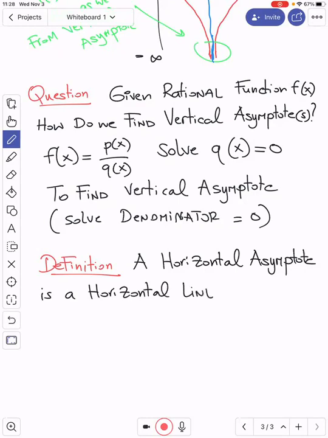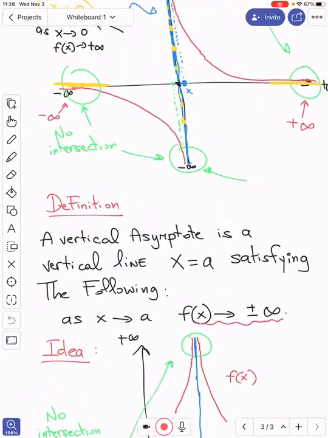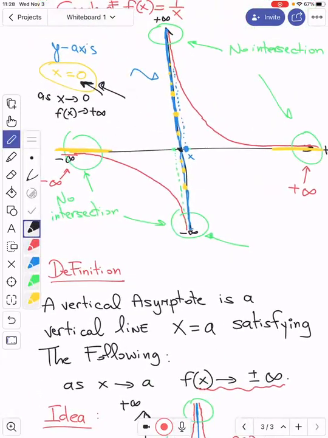And so what's the equation of a horizontal line? For example, here I have the x-axis. What's the equation of the x-axis? If you take any point on the x-axis, the y-coordinate is going to be 0. So the equation of the x-axis is just y equal to 0.